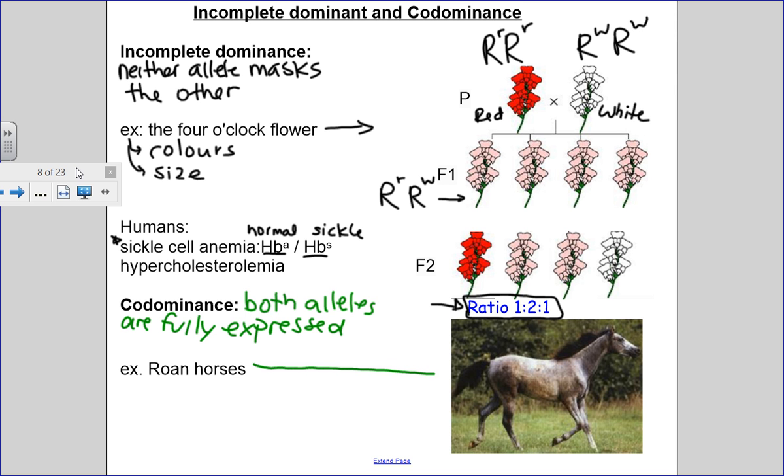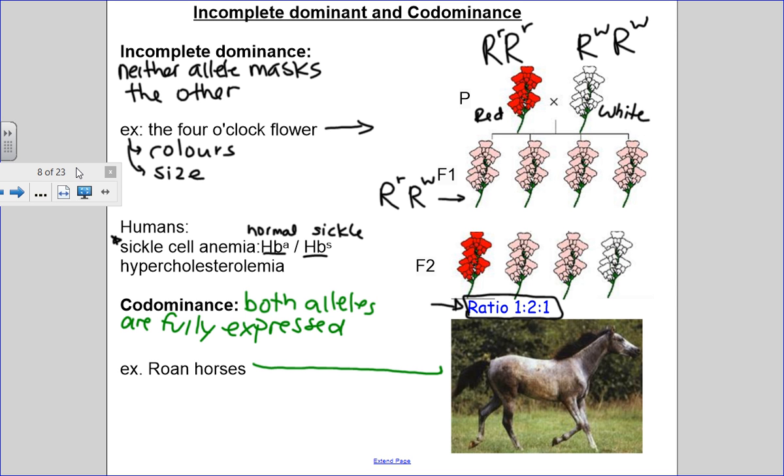So this is a picture of a roan horse. And a roan horse, if you were to look very closely at their, what do we call this, fur, hair? What do you call it on a horse? Fur? Hair, coat, their coat. Let's look at their coat. The stuff that's covering their body, whatever we're going to call that. It looks like maybe from a distance they might all be one color, but if you look closely, there are actually two different colors of hairs.